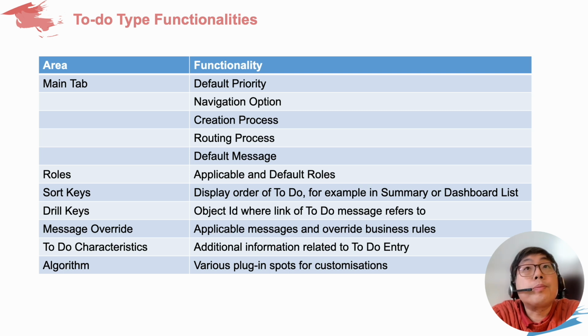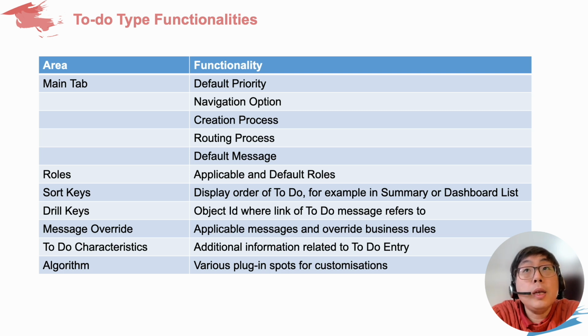Okay, and then on the second tab we look at the role, all the applicable roles and also the default roles. And then we have sort key. Sort key lists the fields which you want to sort by, and that will be shown on the summary and dashboard list.